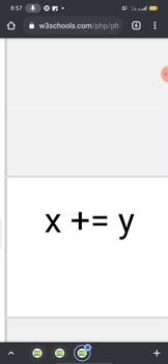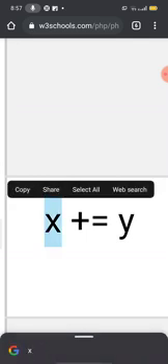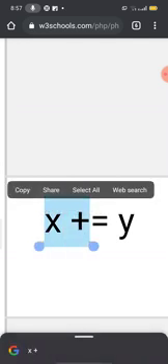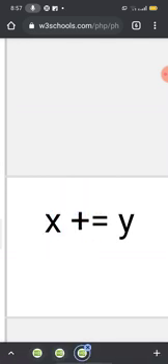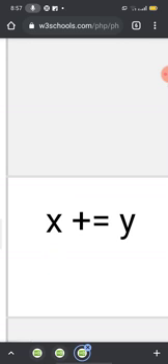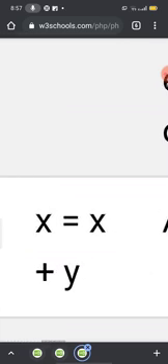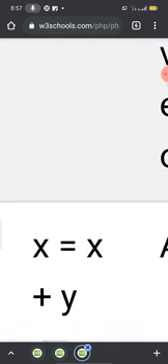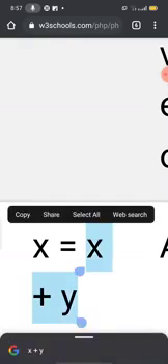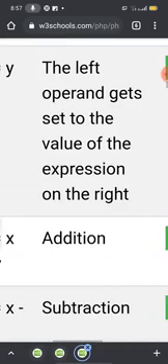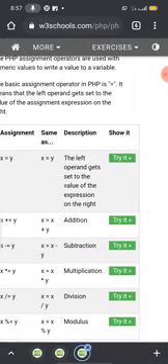That means this x value will be added to the y value. x will remain over here, but your x will be added to the y value. So it becomes x = x + y. That is addition. You can see addition over here.